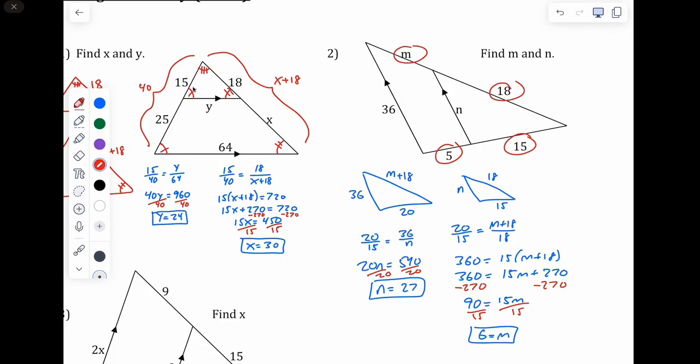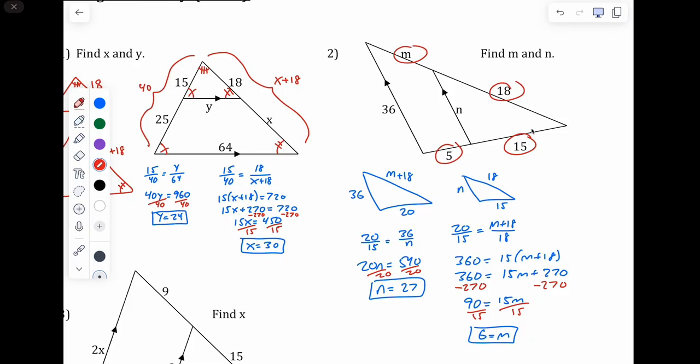The thing that I'm worried about is people going 15 goes with 25 as Y goes with 64. That's not going to work. If you're using these inside ones, then you have to use the big side of the triangle, the 40. So I can't go 15 goes with 5 as n goes with 36.